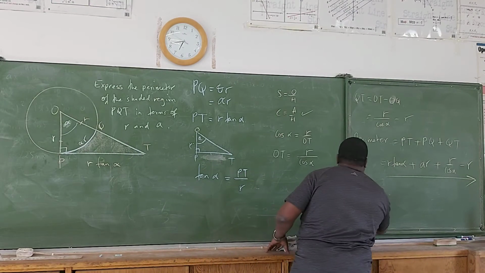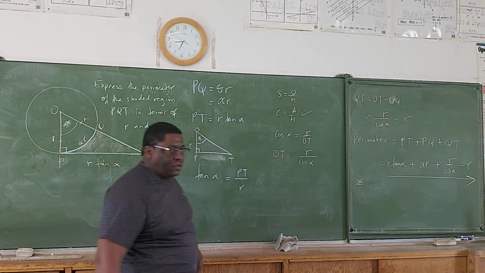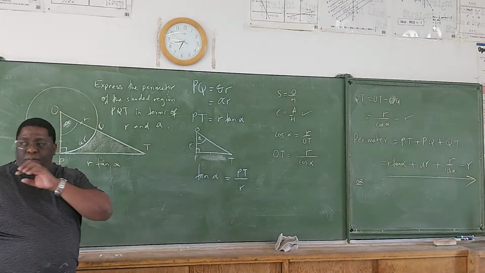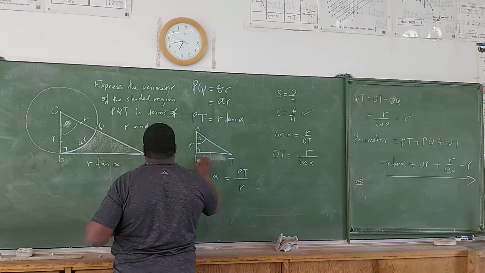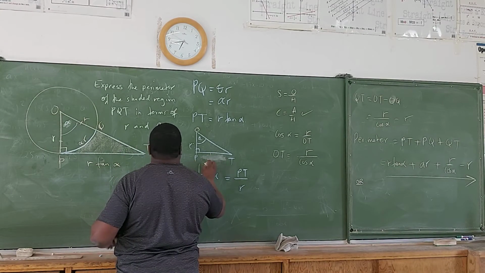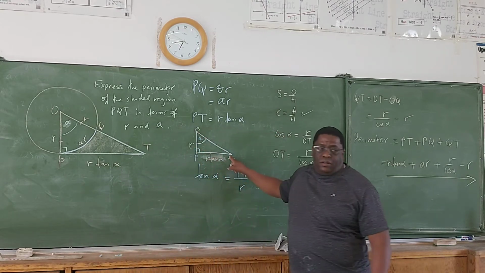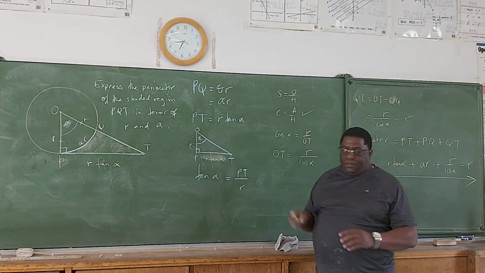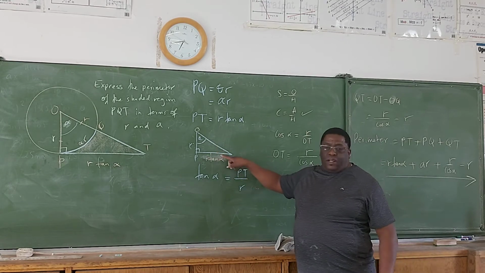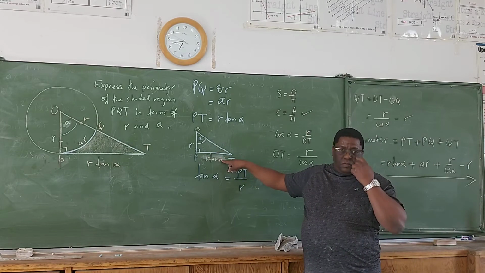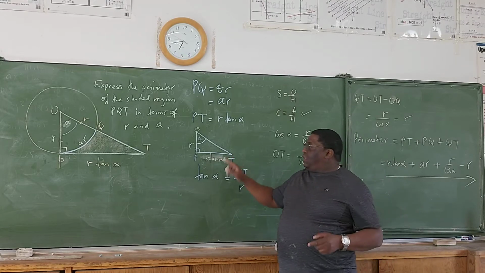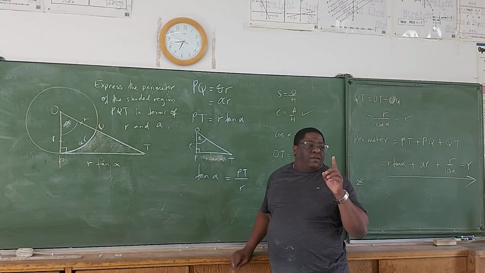There's another way of finding it. If I was to use Pythagoras, remember what I said PT was? PT was R tangent of alpha. So if someone wants to find OT using this right angle triangle, then OT, now the root stuff is coming in.